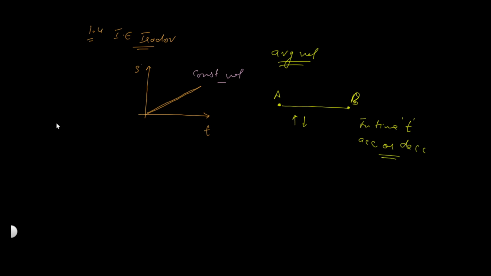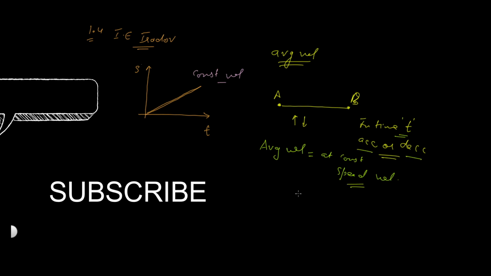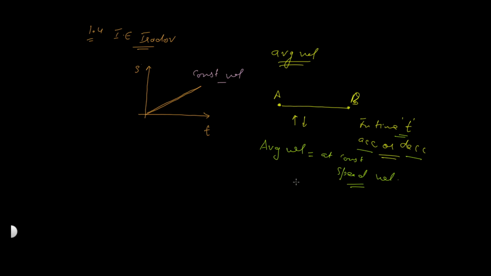Average velocity tells us that if we move at constant velocity, then we will reach the same point B in the same time t without accelerating or decelerating. This is the concept of average velocity or average speed. We are going to use these concepts in our question.